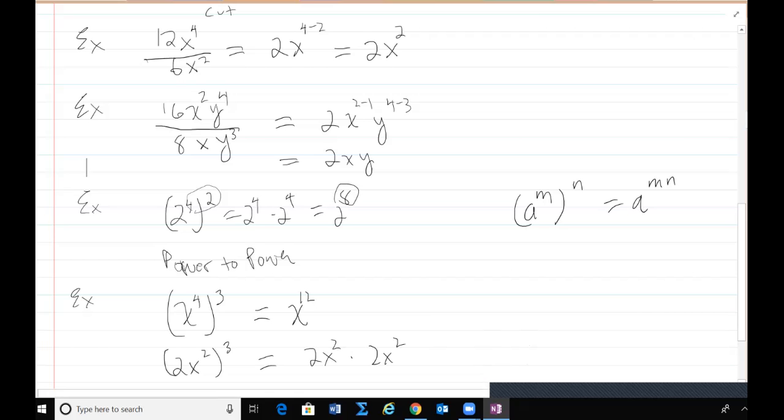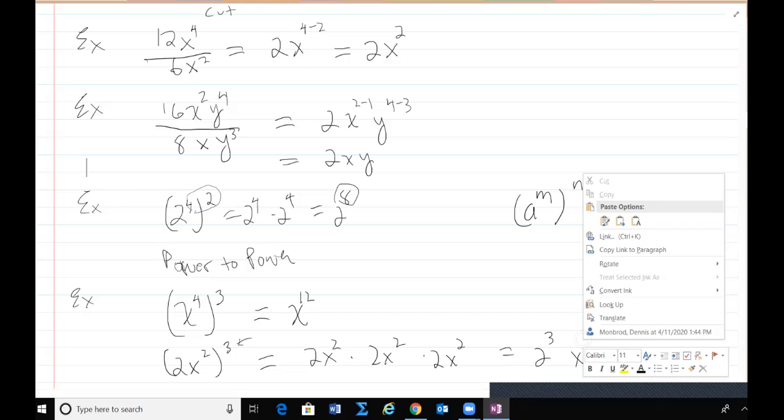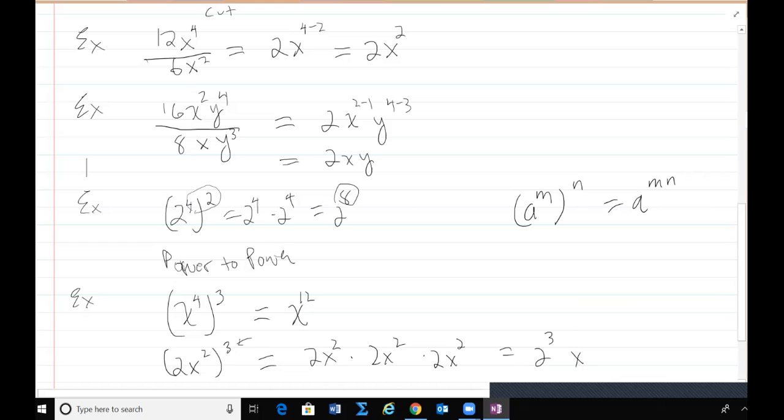We got 3 of those down in here, so I have another one, 2x to the 3rd. I missed that 3 there. There's 3 of them. So that is 2 to the 3rd with an x squared. 3 of them makes, I see that as a 6. So that's just 8x to the 6th.